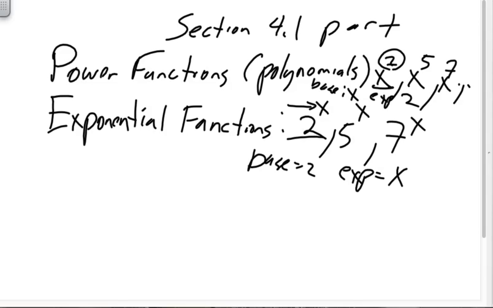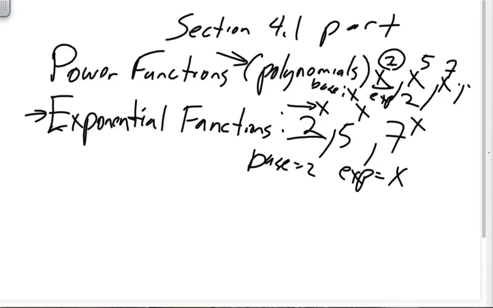Now, the reason these fall in this range of transcendentals is because unlike polynomials, which have algebraic inverses, exponentials are one of these class of functions called transcendentals, which do not have algebraic inverses. We'll talk about what they are a little later on.